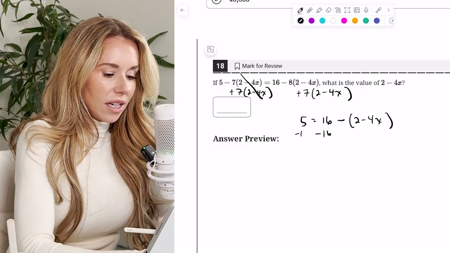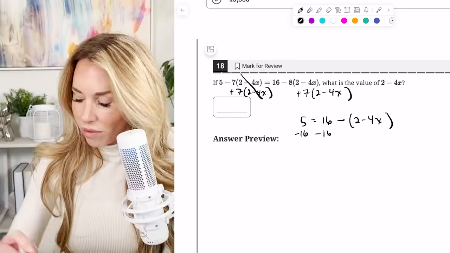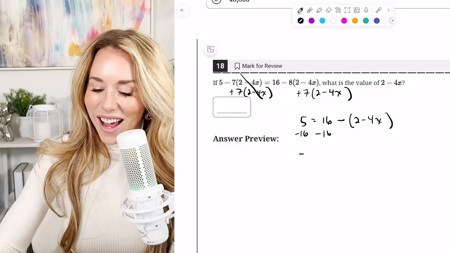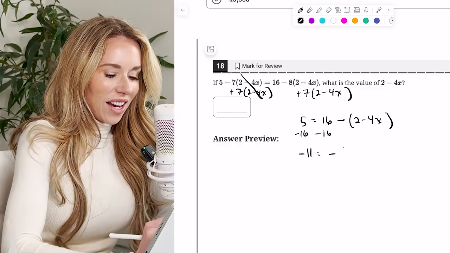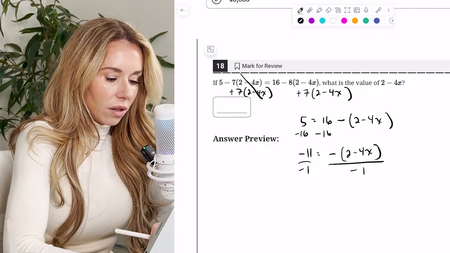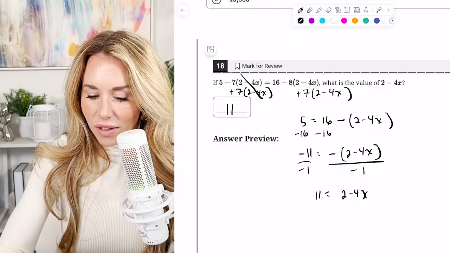I'll take the 16 away to the other side. So then we're going to have 5 minus 16. What is that? -9? Oh my gosh. I don't feel like doing that mentally. -11. Haha. Thank God I didn't. Okay. And then what we need to do is divide by the negative. So 11 equals 2 minus 4x. That's what they wanted. So the answer is 11.